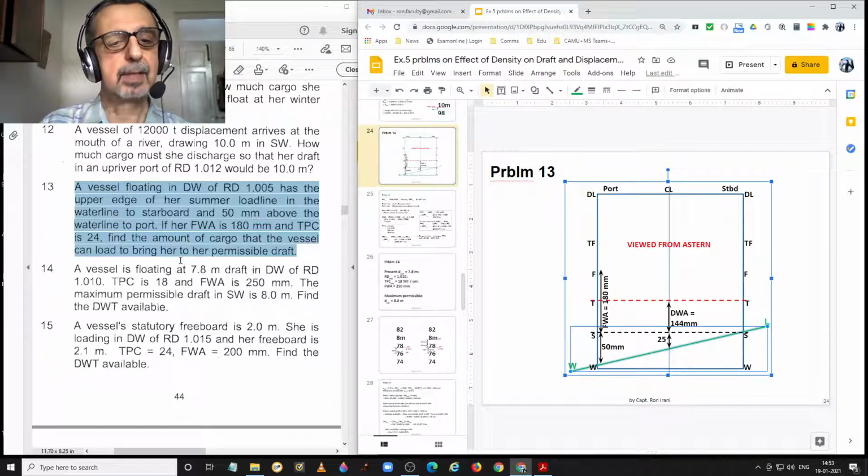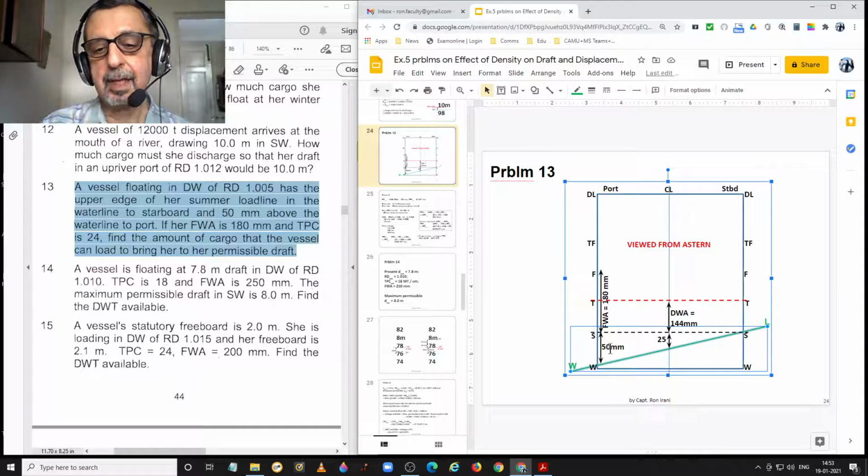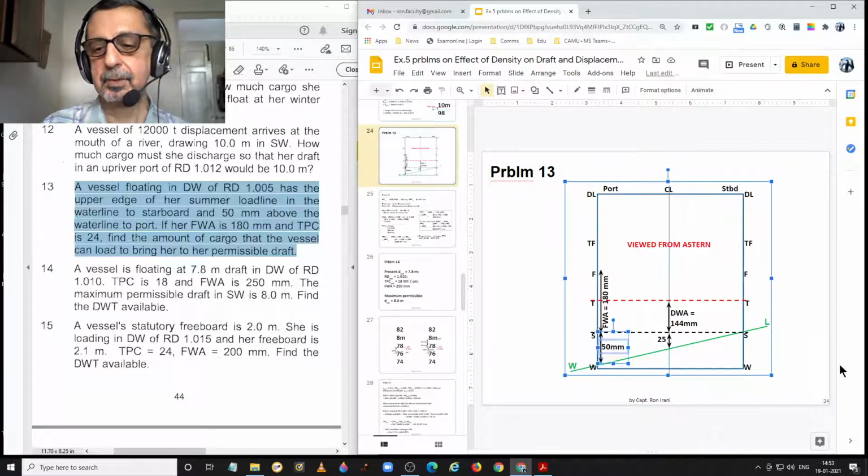And it also tells us that on the port side it is 50 millimeters above the water line to port. The summer load line is 50 millimeters above the water line on the port side.